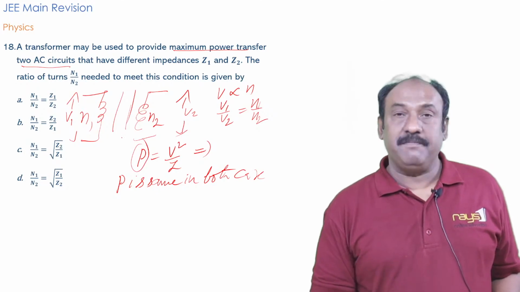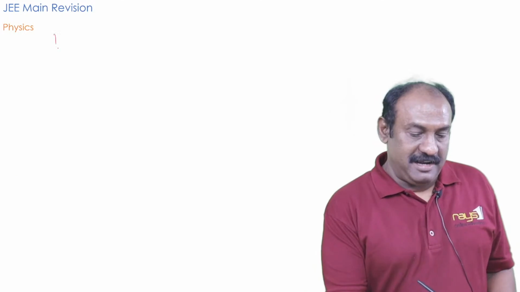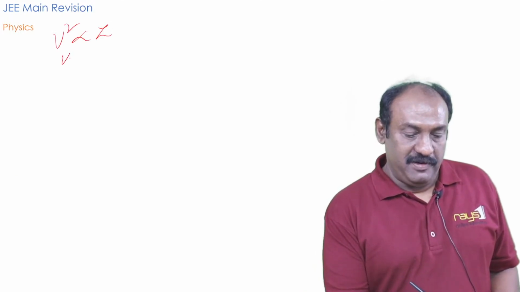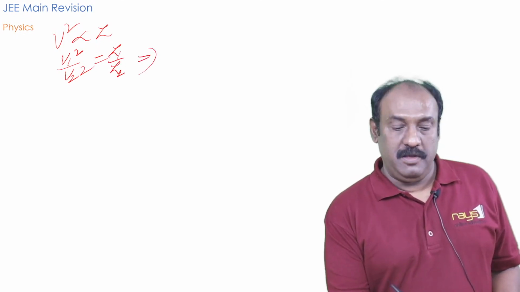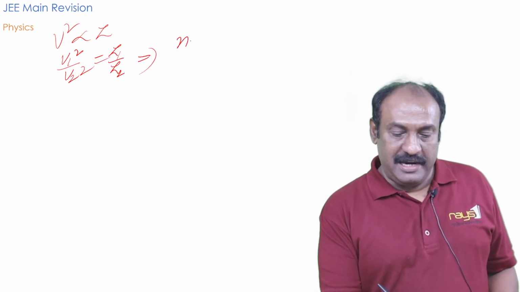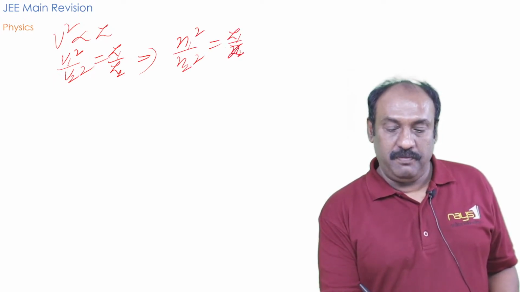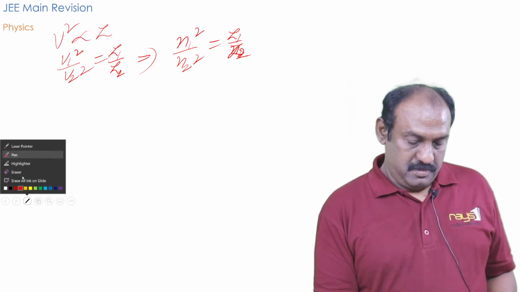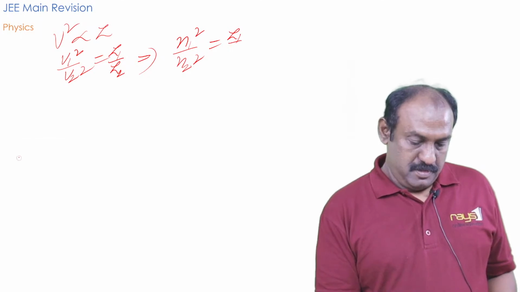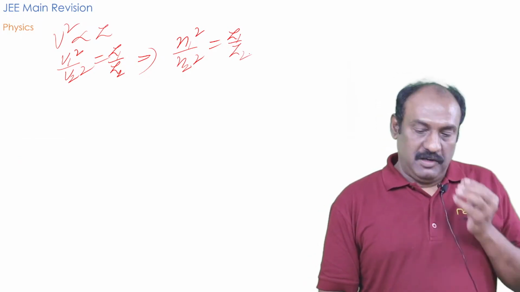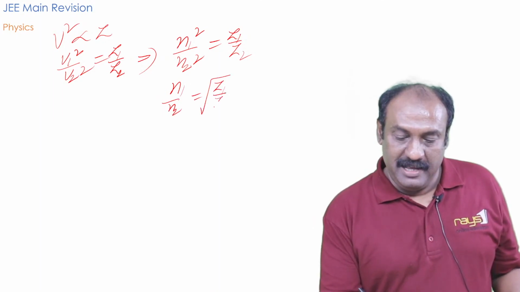Therefore V square is directly proportional to Z. So V1 square by V2 square is equal to Z1 by Z2. In place of V1 square by V2 square, I write N1 square by N2 square equal to Z1 by Z2. From this, N1 by N2 is equal to the square root of Z1 by Z2.